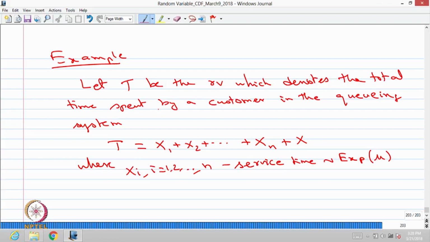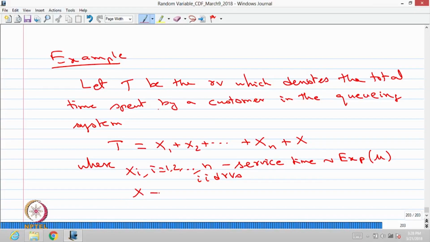I will repeat, the total time spent by a customer in the system can be represented as the sum of n random variables plus X, where each xi is an IID random variable with the common exponential distribution with parameter mu, where xi denotes the service time of any customer, whereas the capital X is the service time of this particular customer, which is independent of all the previous service times.